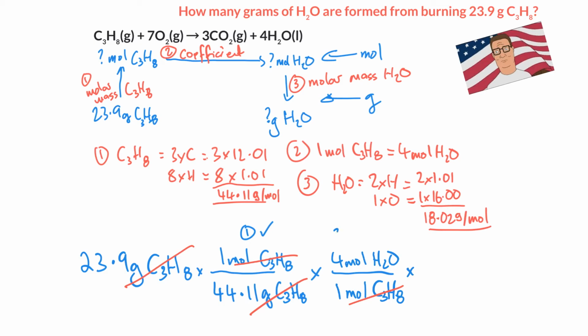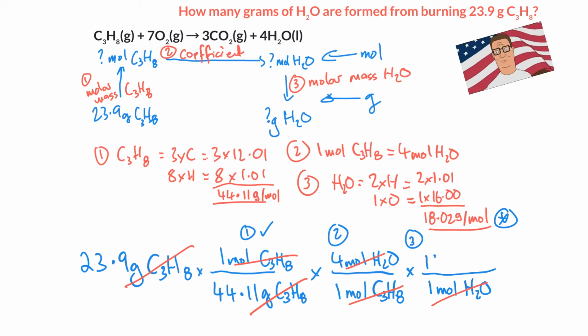And the very last step, step 3, is to change the moles of water into grams of water, and we use the molar mass for that. We calculated the molar mass. We know there's 18.02 grams in a mole. We put the mole on the bottom because it's got to cancel with the mole on the top, right? So we lay that there to be canceled out straight away.